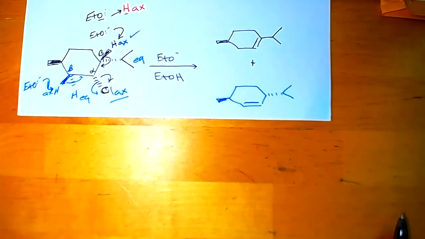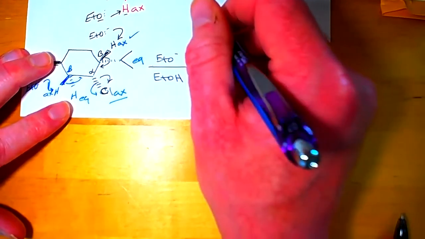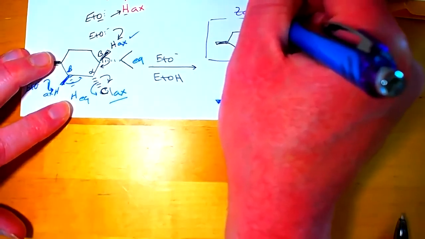Now, based on what we've talked about in today's lecture, which one of those two do you think will be the major, or do you think they will occur in about a 50-50 mixture? And if you said there's going to be a major one, that major one will more than likely be this guy right here, as that is the Zaitsev product.